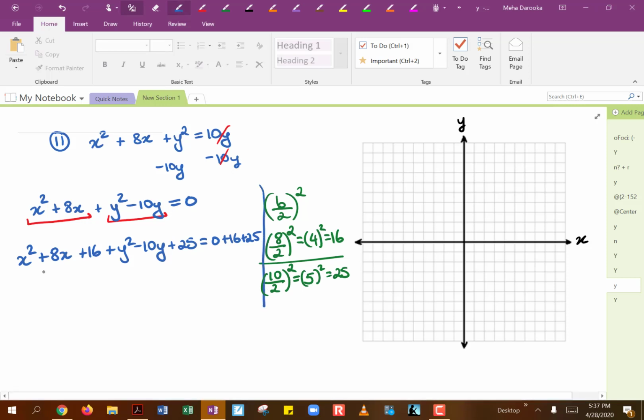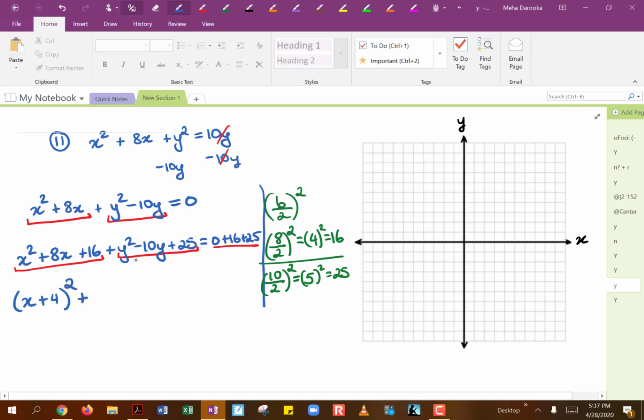So you will end up getting, this is now a perfect square, so we need to factor that. This is also a perfect square, we need to factor that, and of course add everything on the right hand side. So when you are factoring x squared plus 8x plus 16, that will factor into x plus 4, the whole quantity squared.